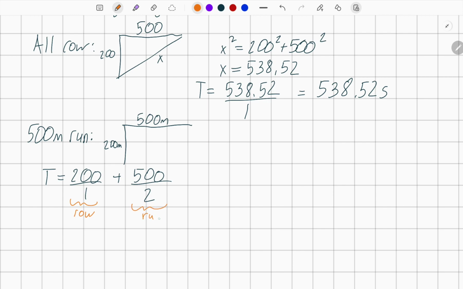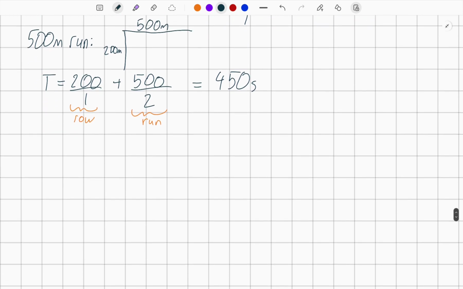Run, not rum. Okay. And so then, well, that's going to be 200 plus 250 is 450 seconds. So faster than just rowing, but if we compare it to the best time, well, the best time was 423 seconds. So therefore, the minimum time is 423.2 seconds.